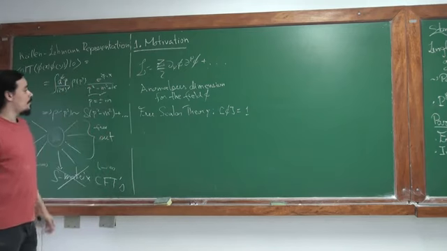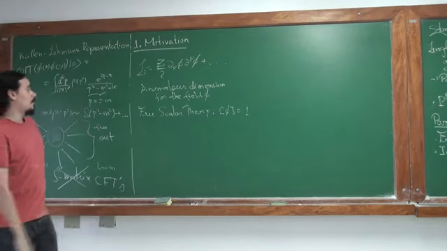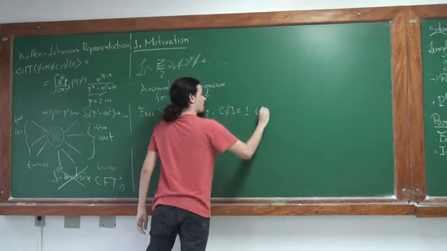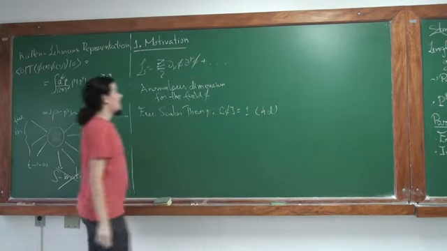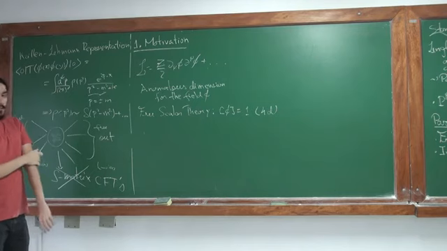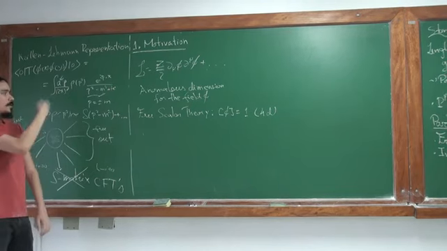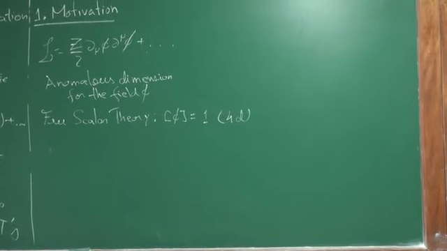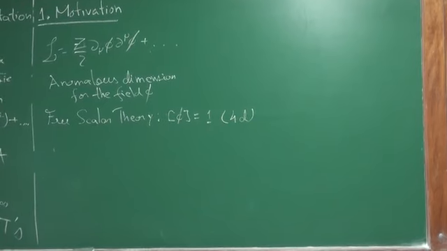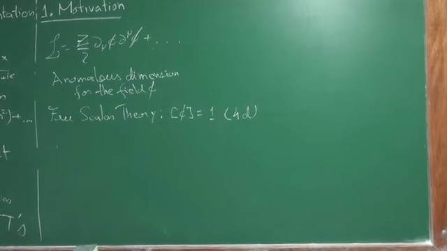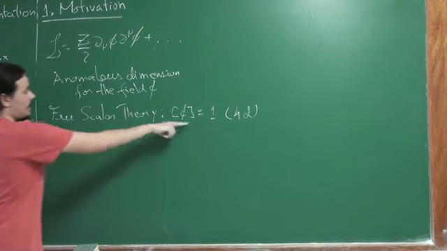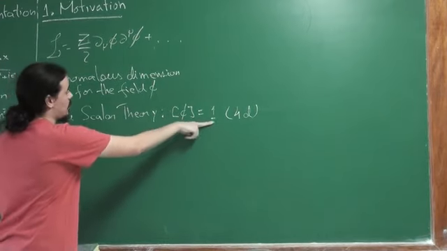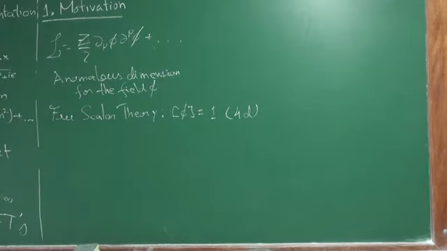And for any free theory, for instance a free scalar field theory, fermions and gauge theory, if they are free, then this dimension will in general be just an integer or a half integer.